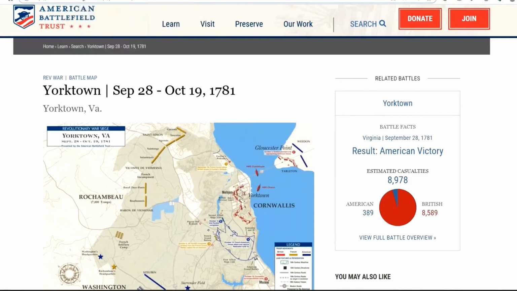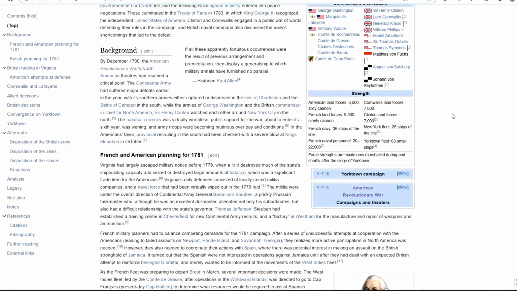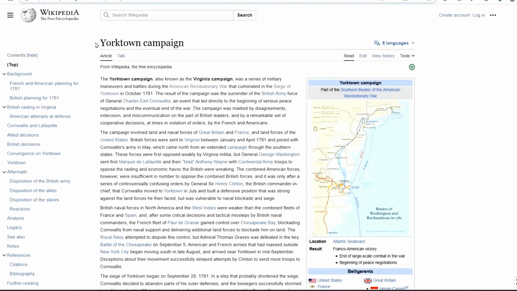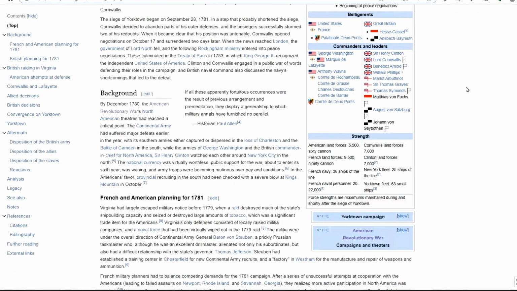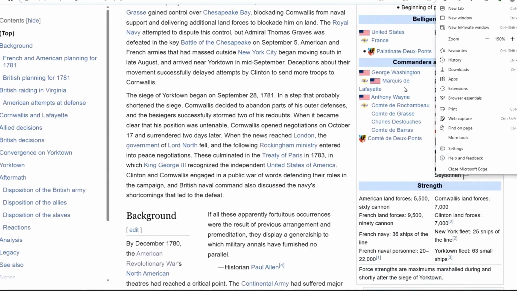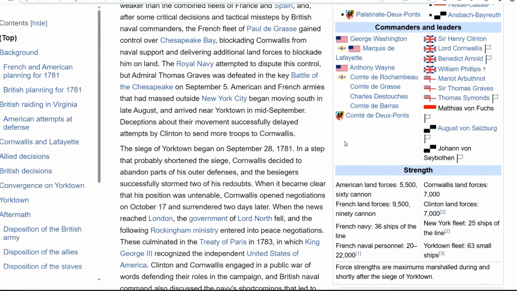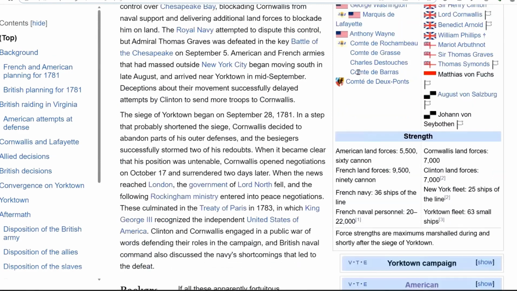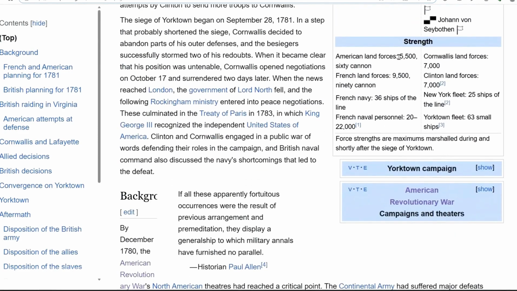Now, if we go to Wikipedia, we can look at the Yorktown campaign. And first of all, we can focus on the respective strengths of the two sides involved. And we can see here American land forces 5,500 men and 60 cannon.